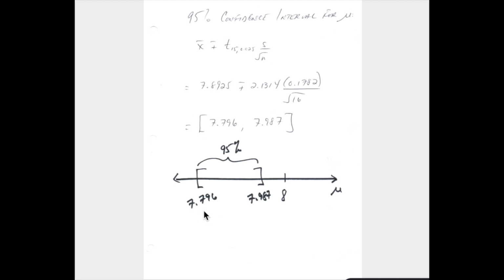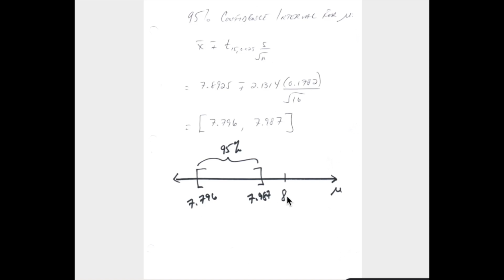Then because the 95% confidence interval, which ranges from 7.796 up to 7.987, does not contain 8 ounces, we could conclude based on this confidence interval alone, without actually going through the mechanics of the hypothesis test, that we would reject the null hypothesis that mu is equal to 8 ounces at the 5% significance level. Okay, so that 5% is obtained by subtracting 0.95, which corresponds to this confidence level, from 1.